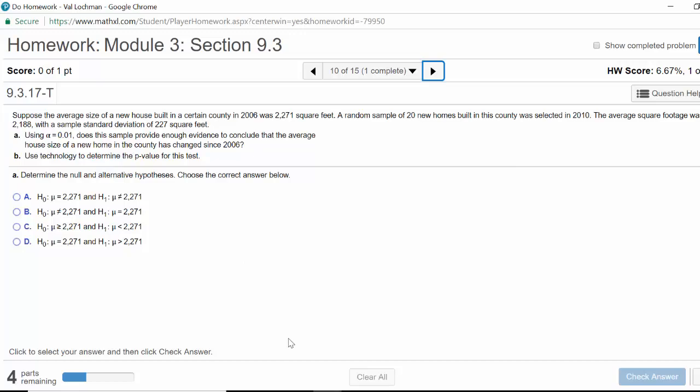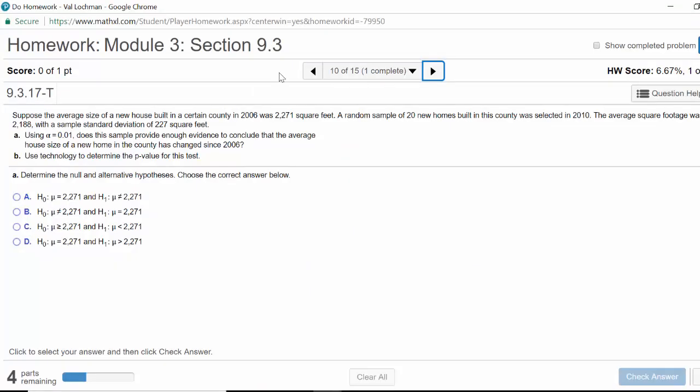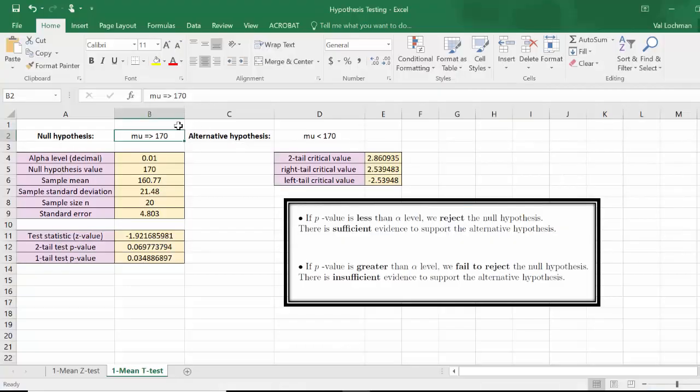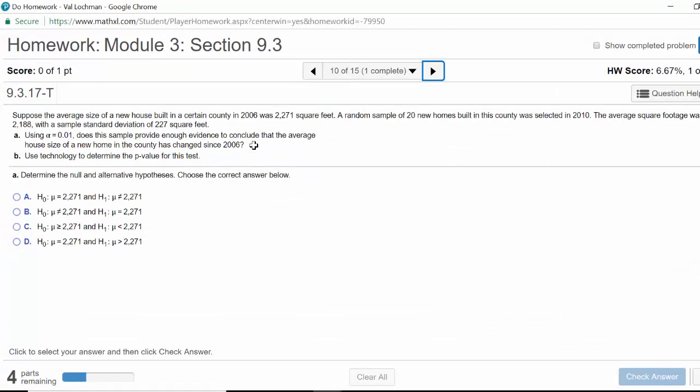What we're going to do is go to our Excel file and go to the one mean t-test tab. Let's make sense of this problem first. The null hypothesis will say that the mean is 2271. So right now I'm just going to say mu is 2271 here. And the alternative hypothesis, let's see, what is the question?